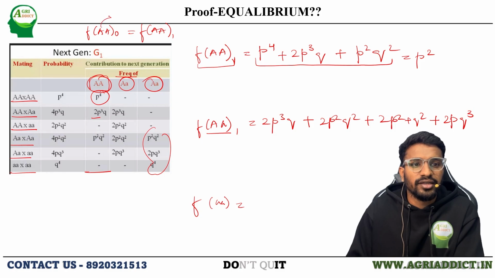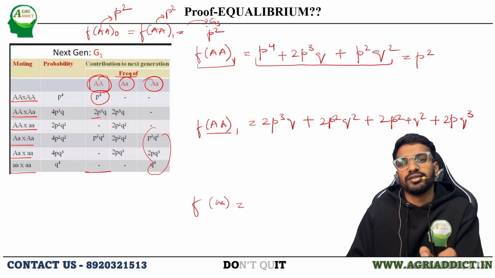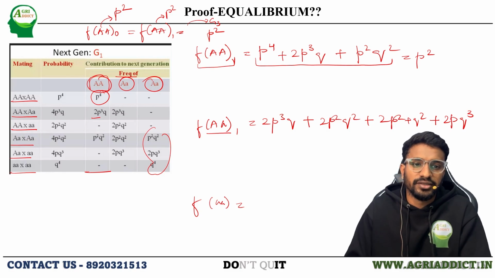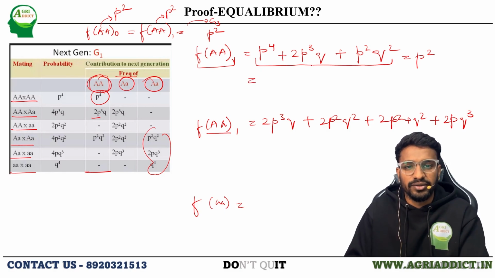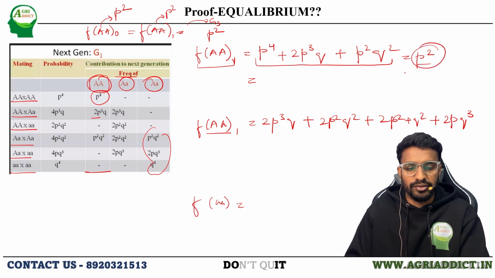If it is p square in this generation, again in the next generation it will be p square, and if it goes for another generation, it will still be p square under the assumed set of conditions. If you substitute the values and simplify this, you are going to get p square here.